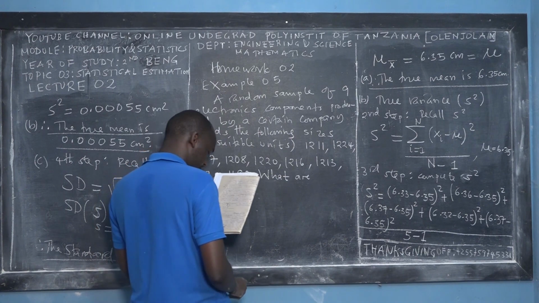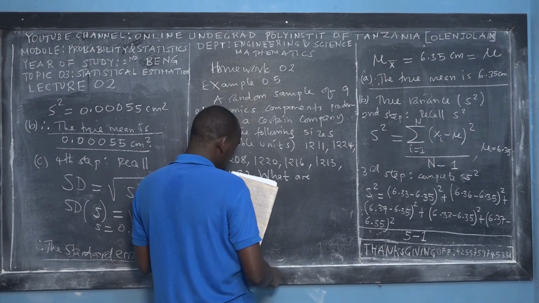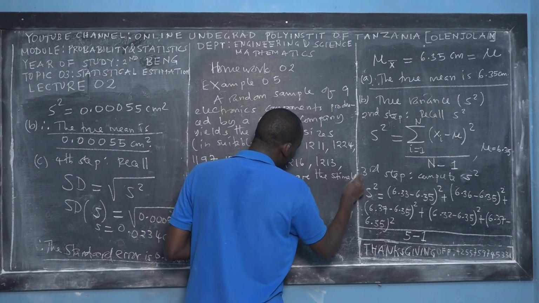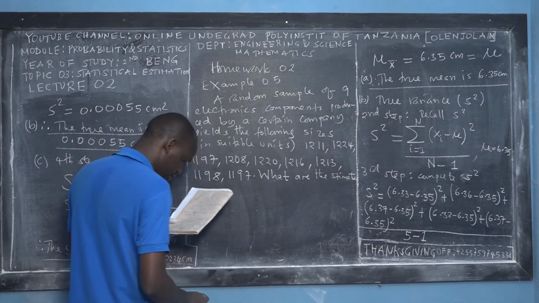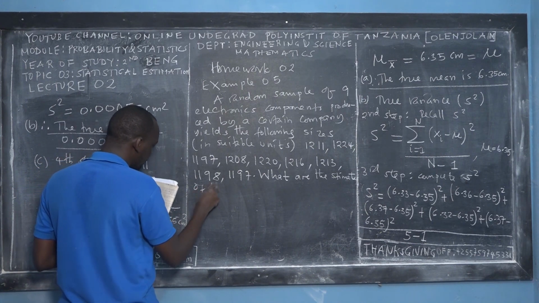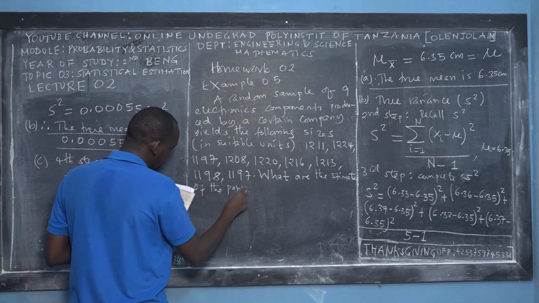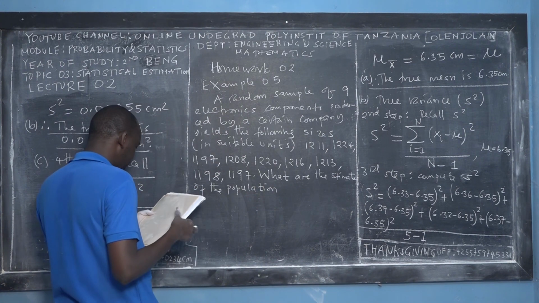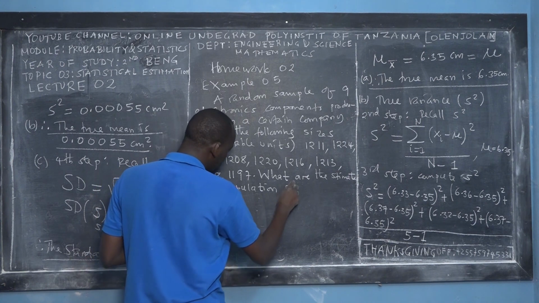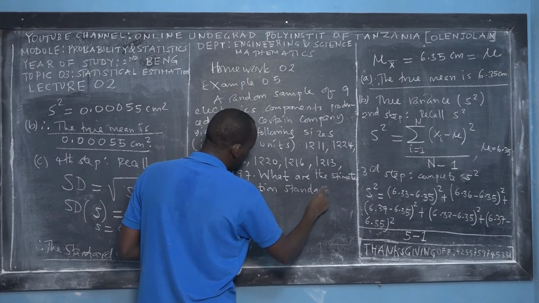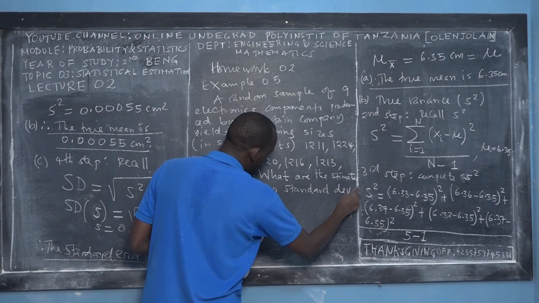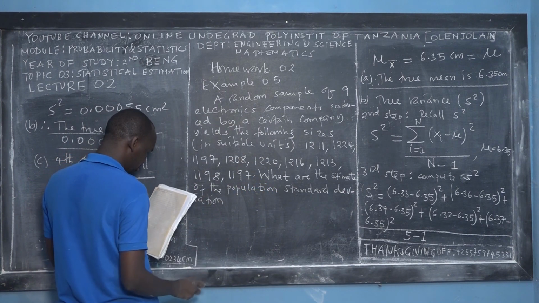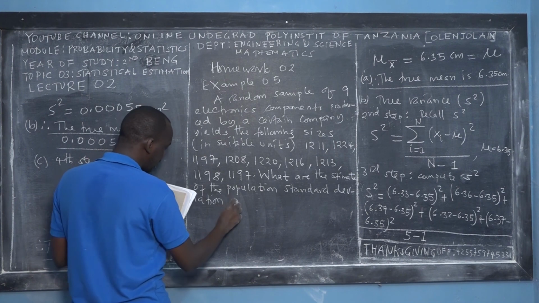What are the estimates of the population standard deviation and the population variance?